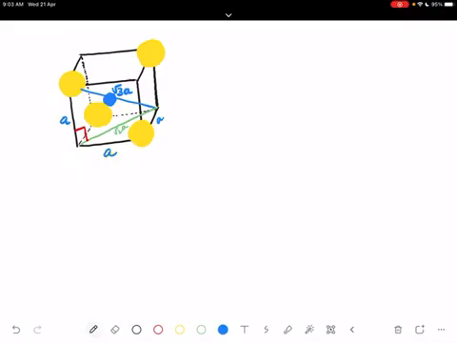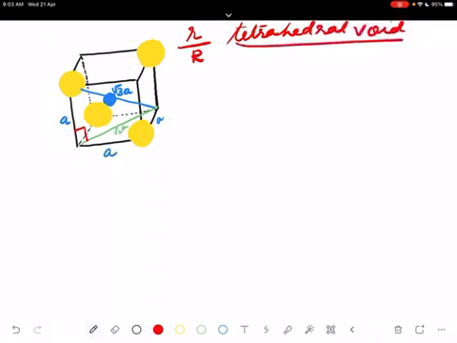This root 2 a and root 3 a we have already derived in the previous classes. Now, using these things, we are going to derive a relation between r by R in the case of a tetrahedral void.